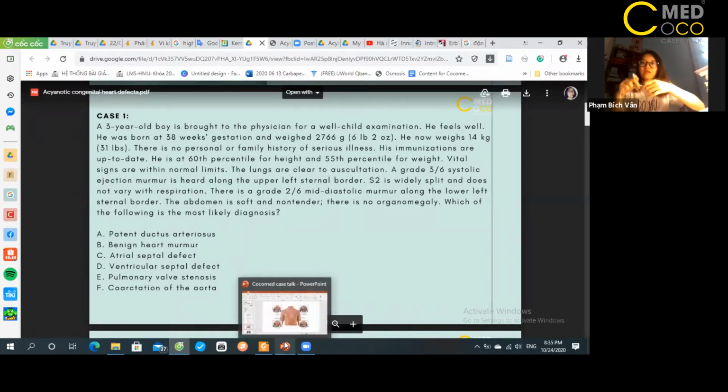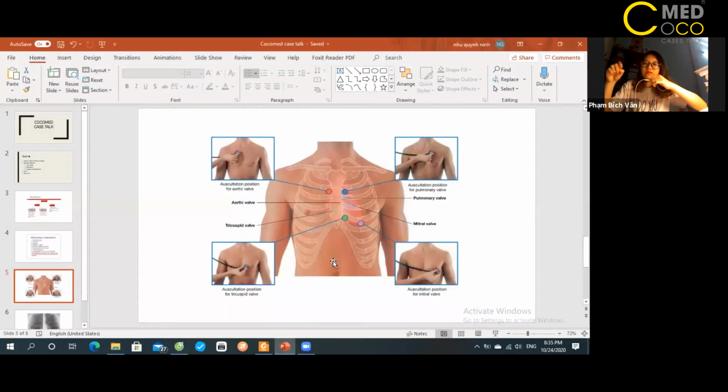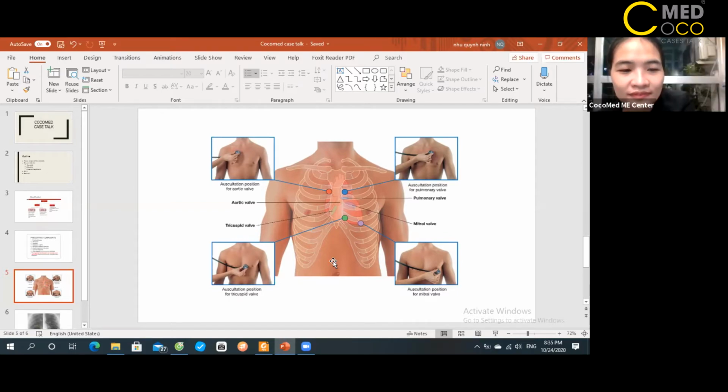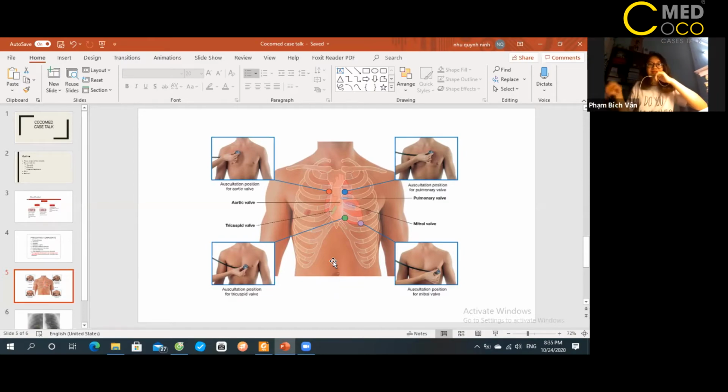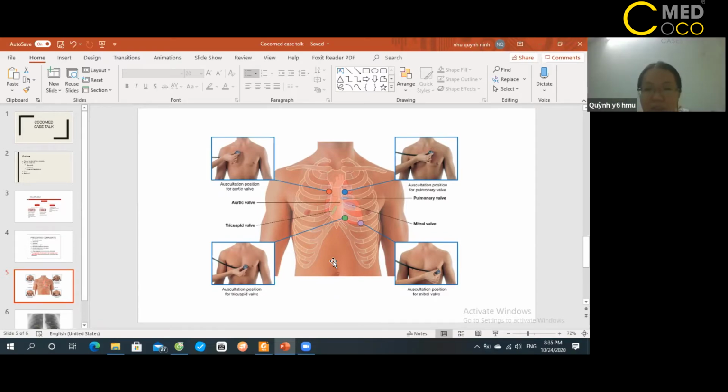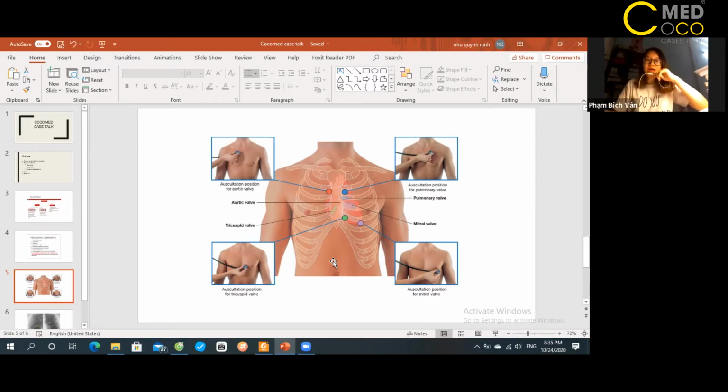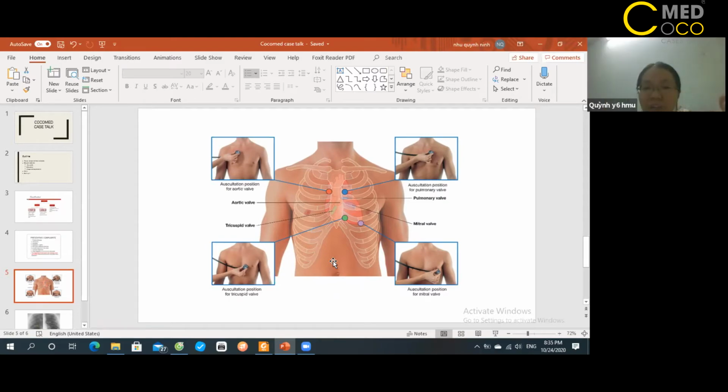In the diastolic period, the tricuspid valve opens. So I think there is some problem with the tricuspid valve, like it cannot open totally, which means we have some narrowing on the way from the right atrium to the right ventricle. Yes, exactly.